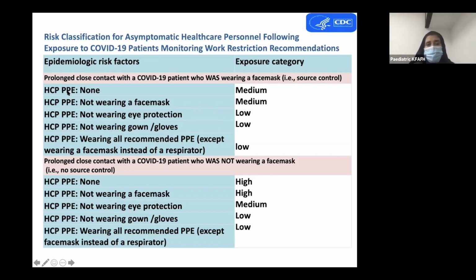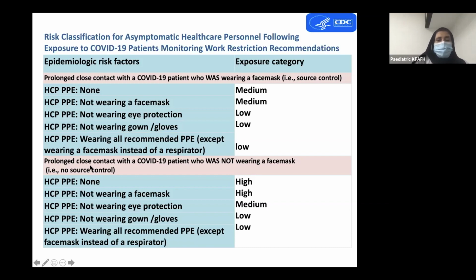But if the healthcare worker was not wearing any PPE, then he or she is at a medium exposure risk. If they are not wearing a face mask, then medium. If they are not wearing eye protection or gowns and gloves, then that's lower than not wearing a face mask. So a face mask is very important in decreasing the exposure risk.